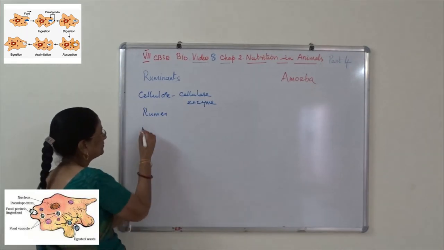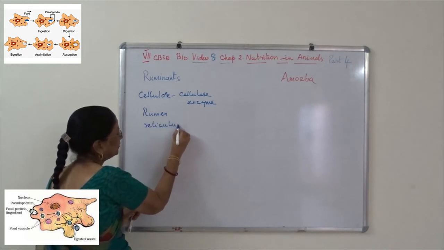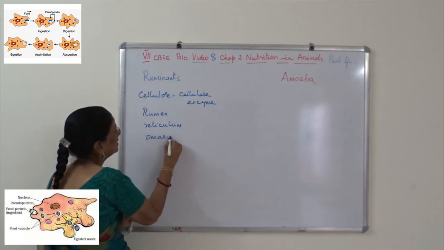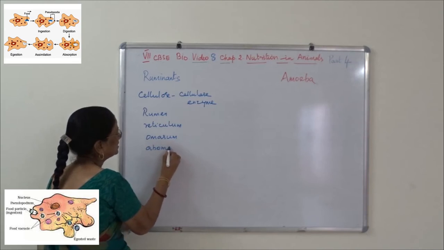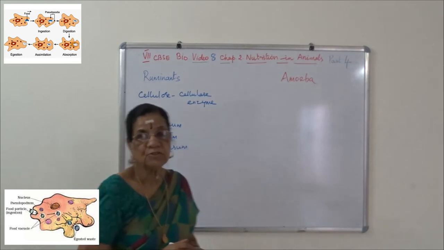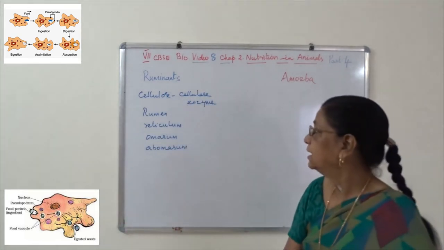And it is having a special type of stomach, as it has 4 chambers of stomach: rumen, reticulum, omasum, and abomasum. These are the 4 chambers of ruminant animals. What are they?